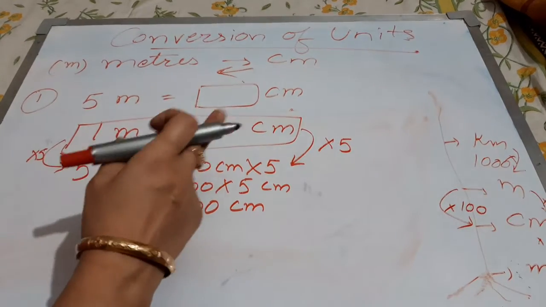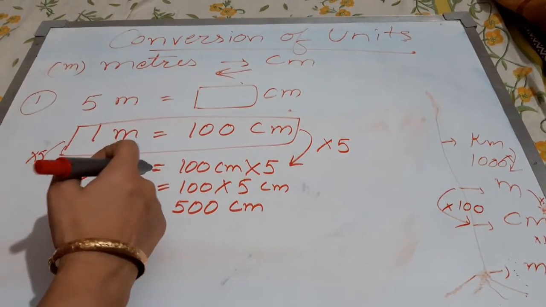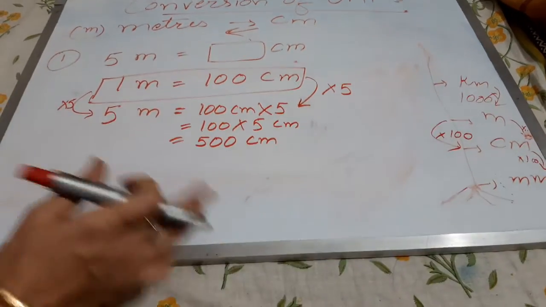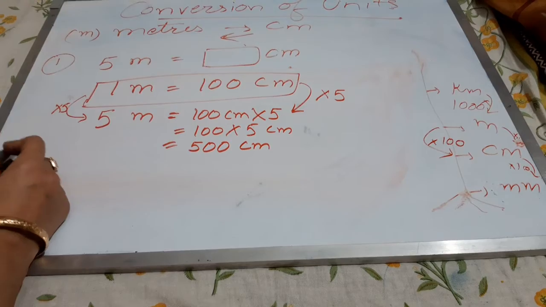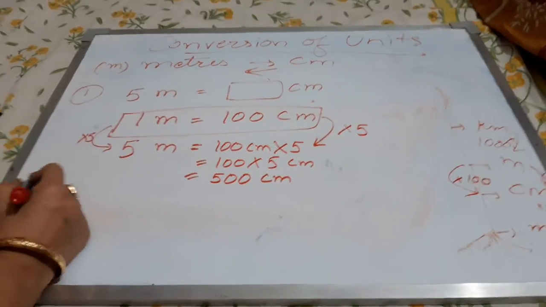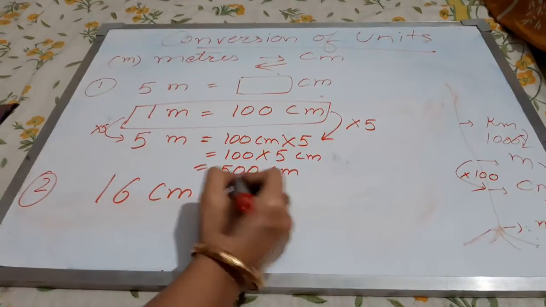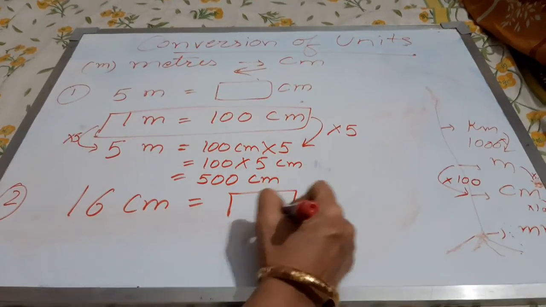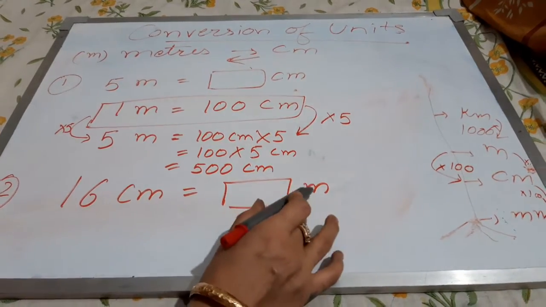As you go on to higher classes, you will be asked to convert the other way also, from centimeters to meters. Let us see how we are going to do that. Suppose I want to convert 16 centimeters into meters. 16 centimeters is equal to how many meters?